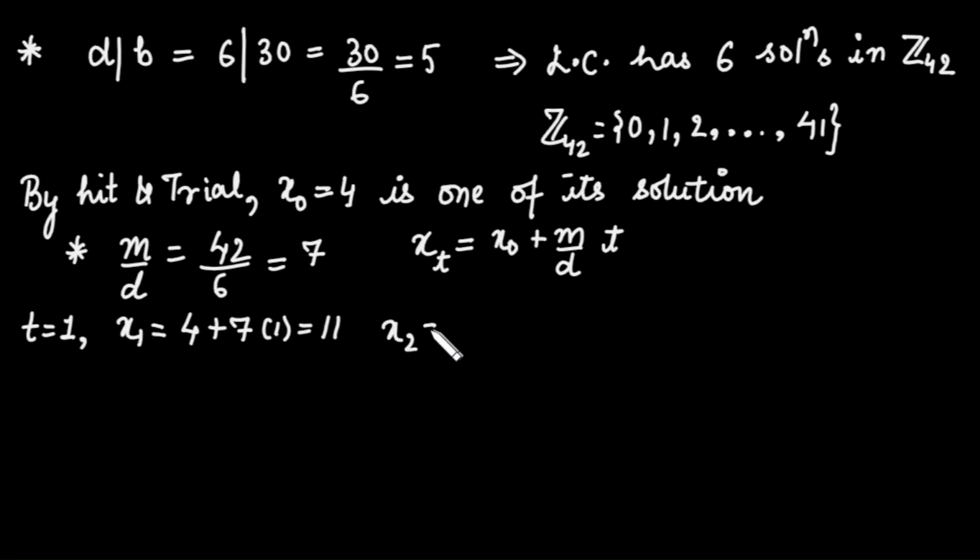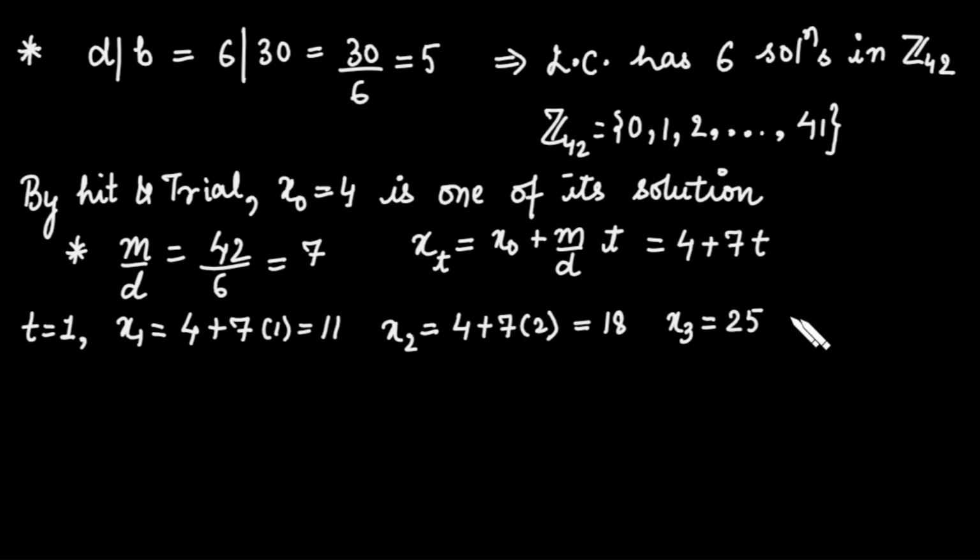The next solution x2 is 4 plus 7 into 2, that is equal to 18. Similarly, evaluate x3, that is equal to 4 plus 7 into 3, which is 25. x4 is equal to 32. x5 is equal to 39.